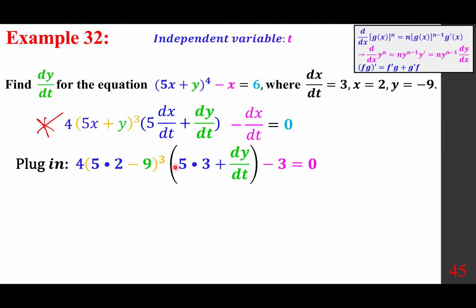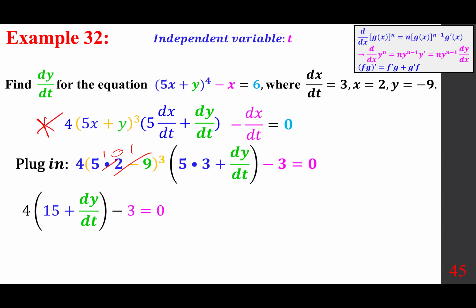This is 5 dx/dt, 3 dy/dt missing, minus dx/dt equal to 0. So this is a 10 minus 9 is 1, 1 cubed is 1. And 5 times 3 is 15.